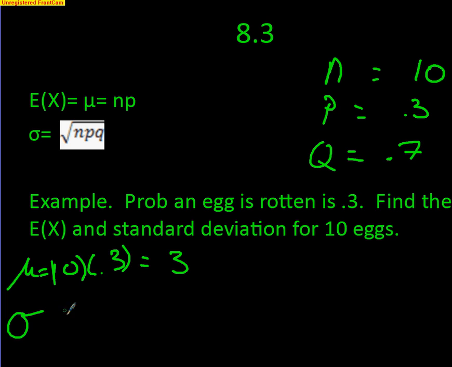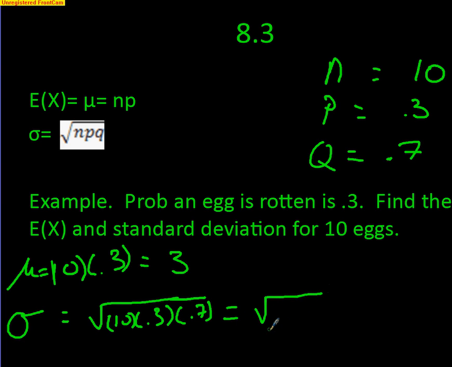Okay, so now our standard deviation. It's the square root of n times p times q. So this is the square root of 2.1.